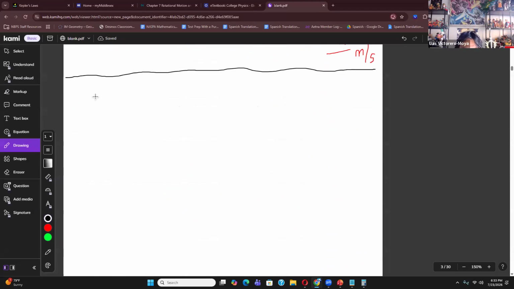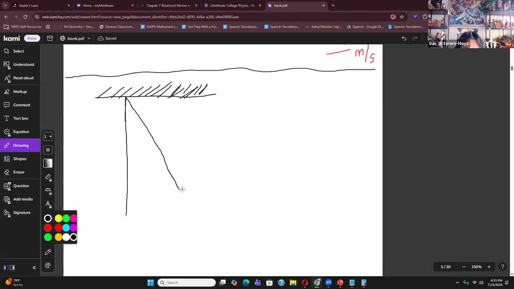So I'm going to draw it here. I want you guys to think. The first thing you have to do in this problem is draw the forces acting on the mass. So you have the vertical, you have the pendulum like this, and it says it's moving at this instant at 8 meters per second.